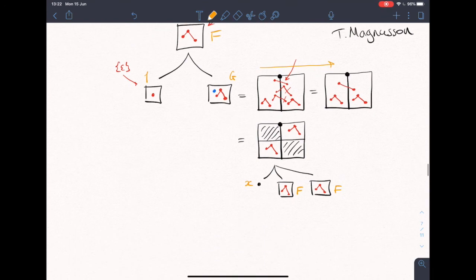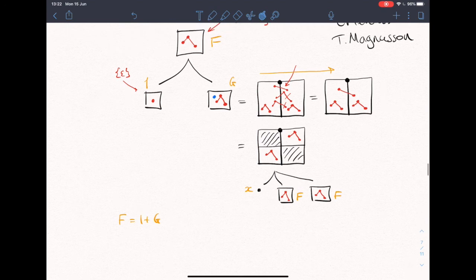And let's solve this. So f is 1 plus g, because we took a disjoint union here at the start. G factored as x times f times f.